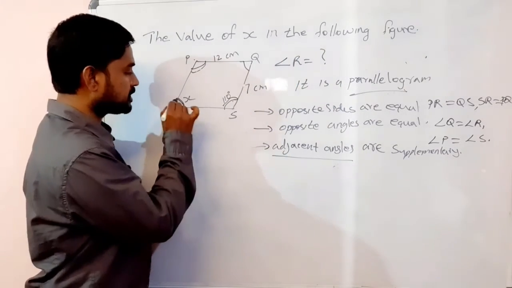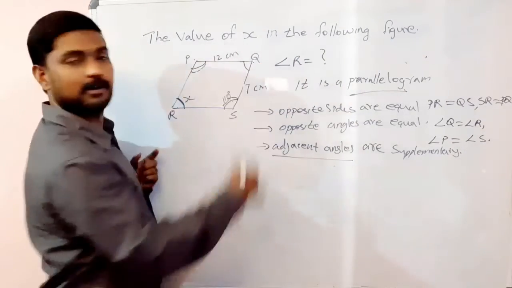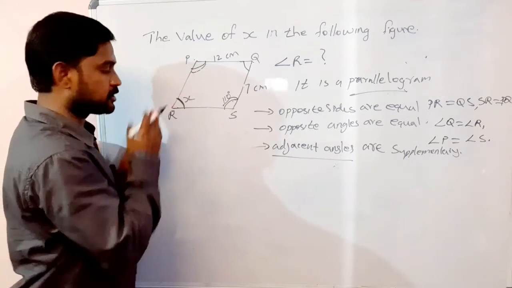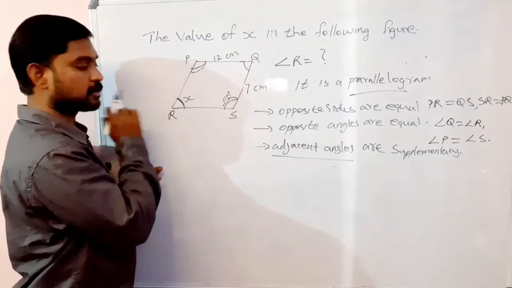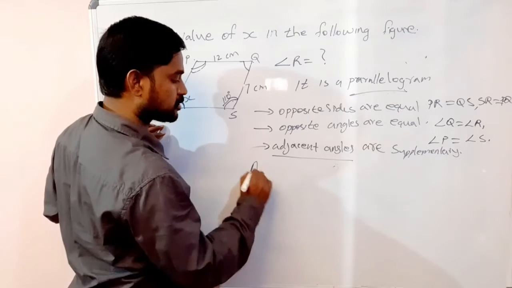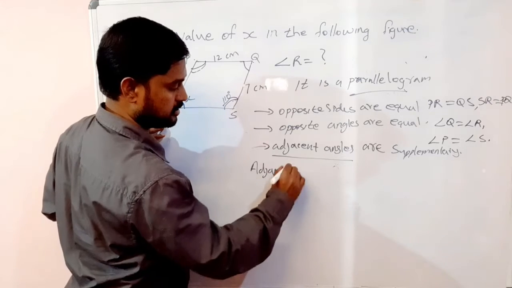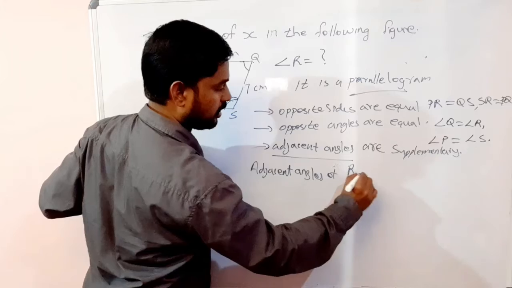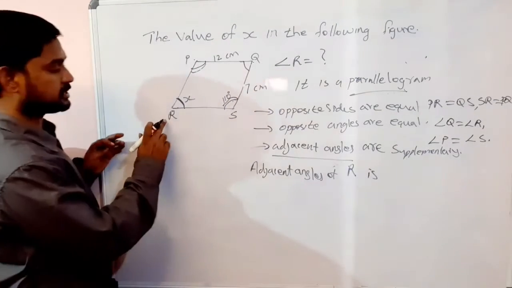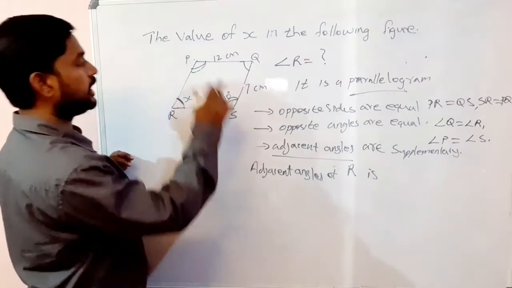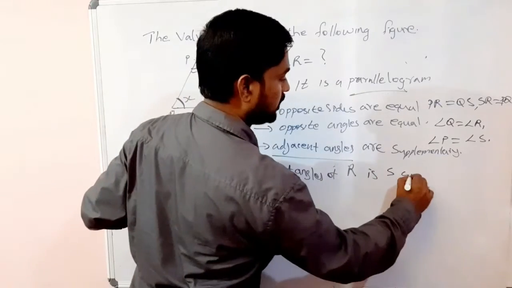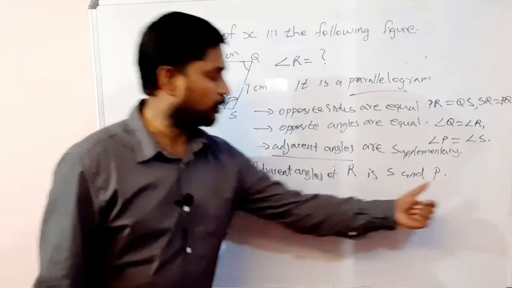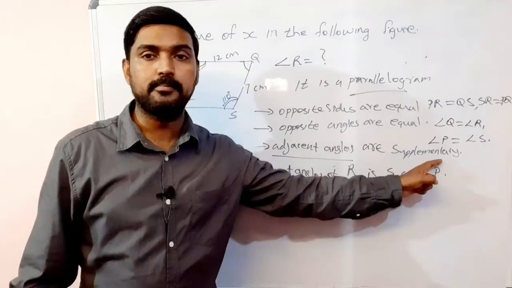Suppose this angle R is here, its opposite is angle Q. But this S and this P are nearest to R. What are the adjacent angles of R? This S and P. So when we add S with R or P with R, it will be supplementary.